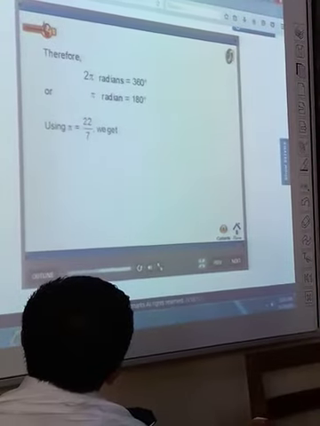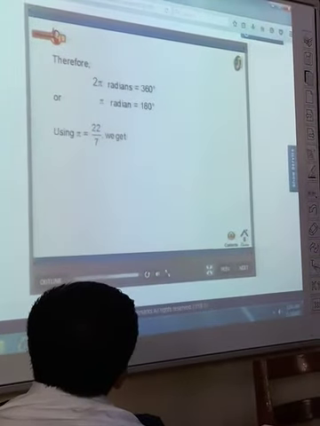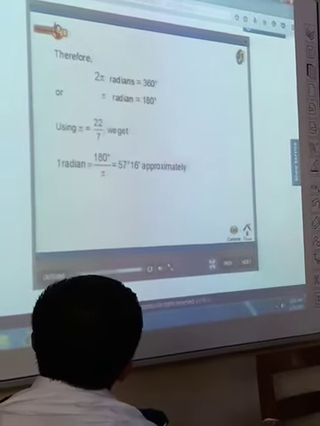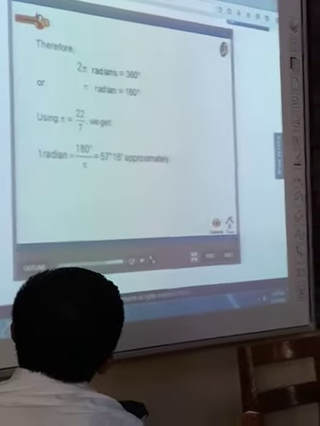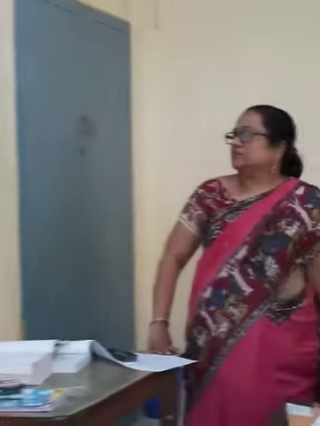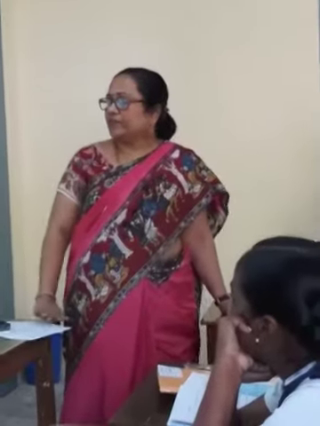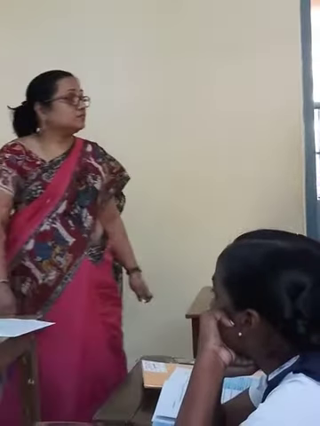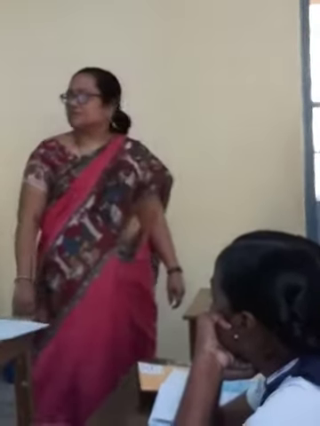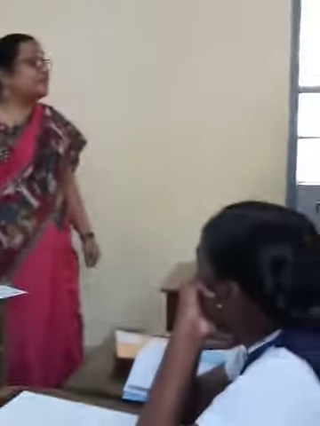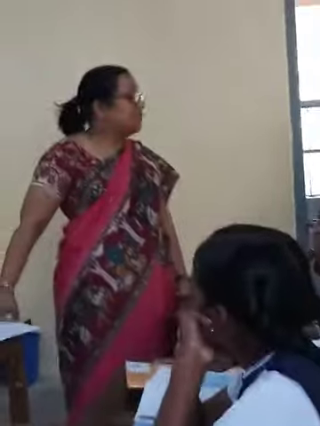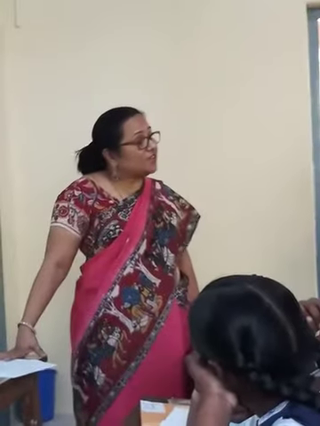Using the value of pi, we get 1 radian is equal to 180 degrees upon pi, which is approximately 57 degrees 16 minutes. Also, 1 degree is equal to pi upon 180 radians, which is approximately 0.01746.